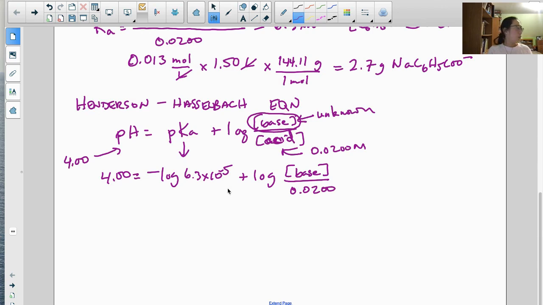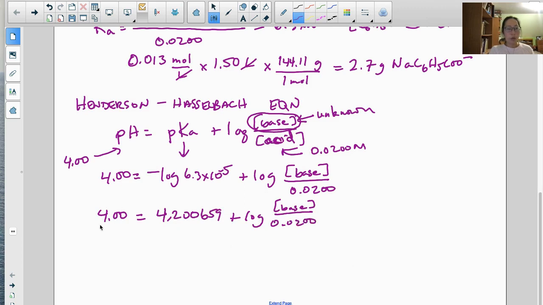All right, so now we need to do some math and figure out what this is. But if you do the math correctly, you will get the same answer. So let's do the math here. If we take 6.3 times 10 to the minus 5 and we get the log of this, we end up with 4.00, and we have 4.200659, plus the log of base over 0.0200.